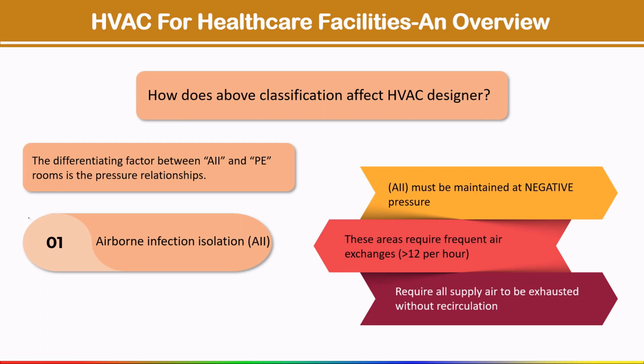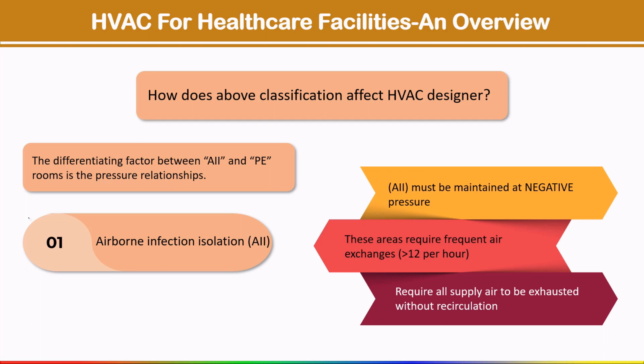The next point is that the AII room requires all supply air to be exhausted without recirculation. So remember, while designing an airborne infection isolation room, whatever conditioned air you are supplying inside this room, 100%.